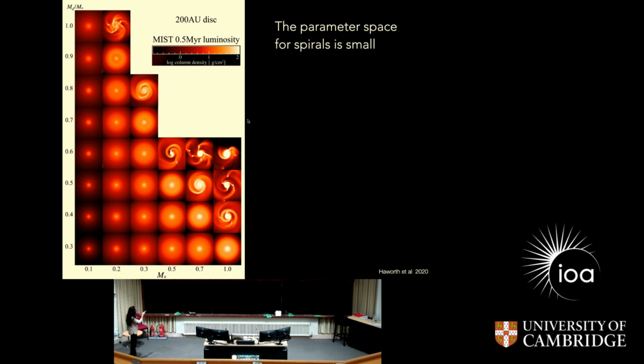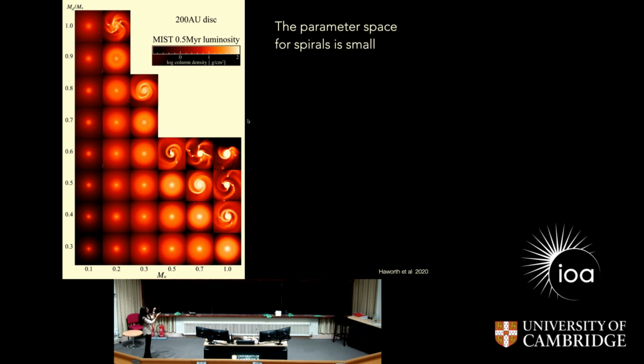At very low disk to star mass ratios, so low disk masses, we don't see a lot of spiral structure. Generally it's quite axisymmetric. At slightly higher masses, you do get some spiral structure. But if we look at any one of these columns, let's look at 0.7, for example, at low disk masses, we don't have spiral structures.